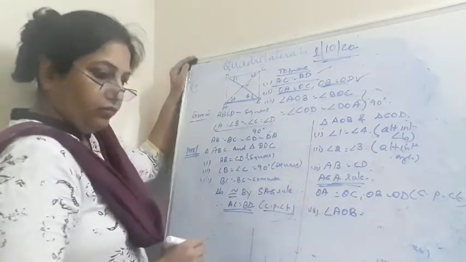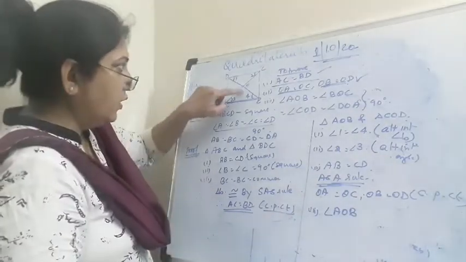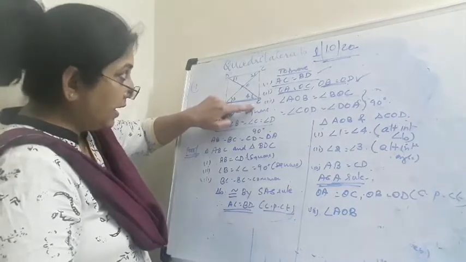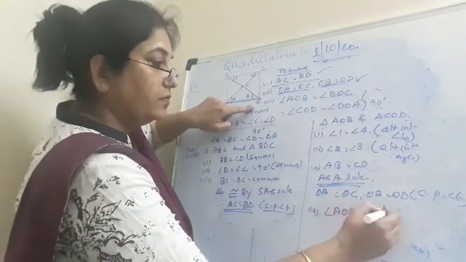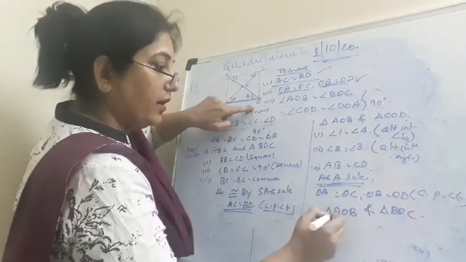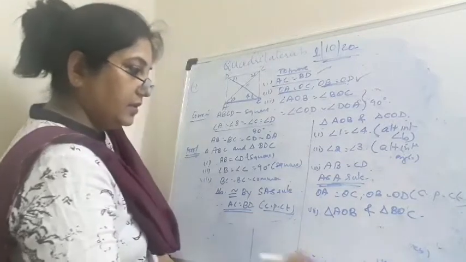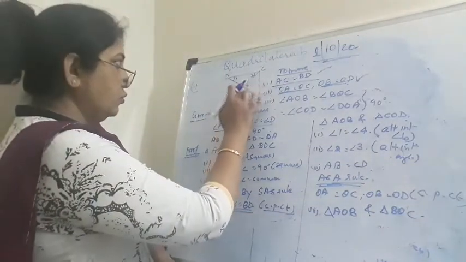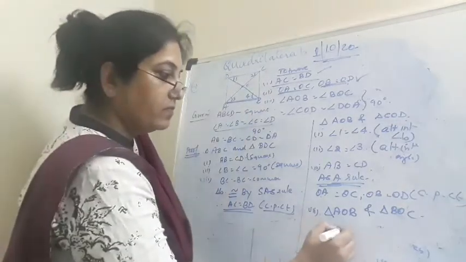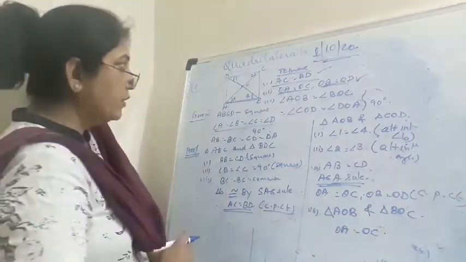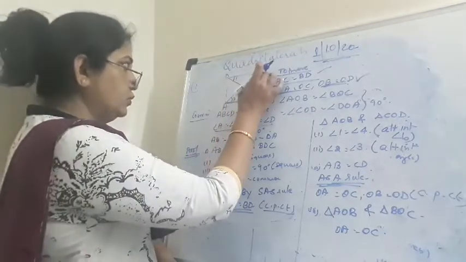Now let us take triangle AOB and triangle BOC, not angle, triangle, to prove the third part. Now we know that OA is equal to OC, which is already proved above.